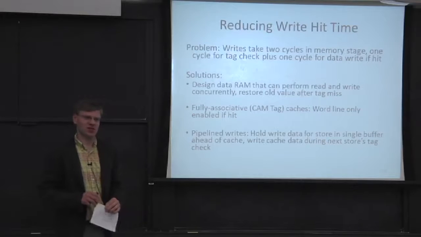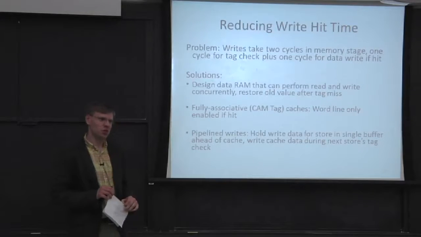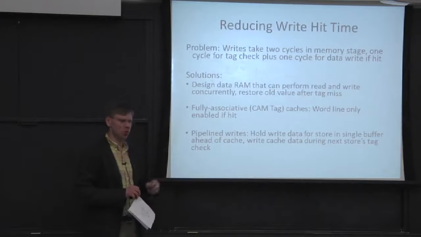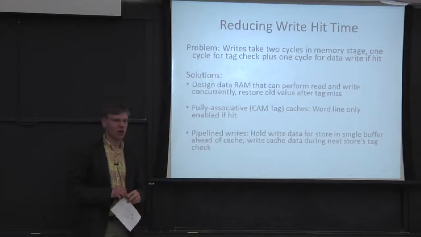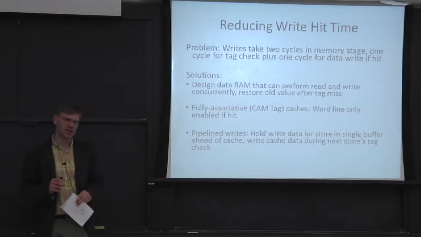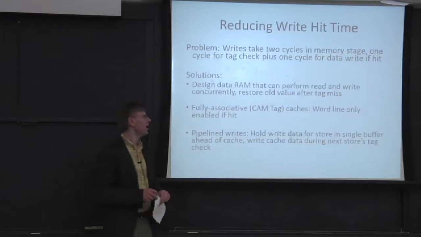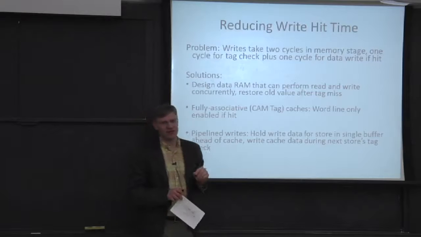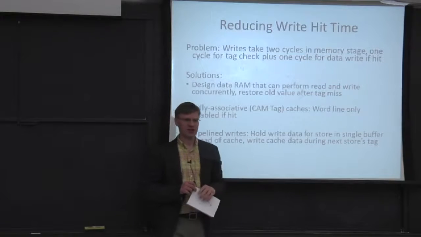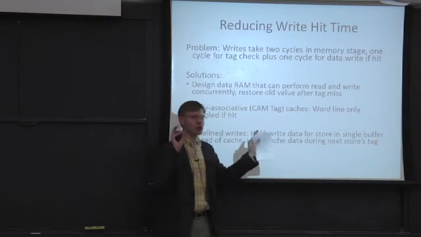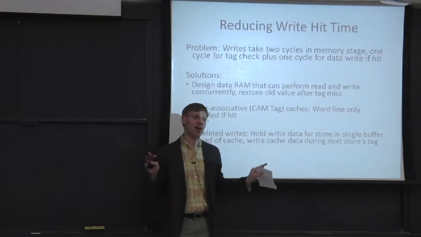One solution is kind of innovative, is you can build a multi-ported cache, or a cache which can simultaneously do a read and a write to the same address. And you do that. So you have a cache, you're doing a write. You blindly do the write, not checking the tag.